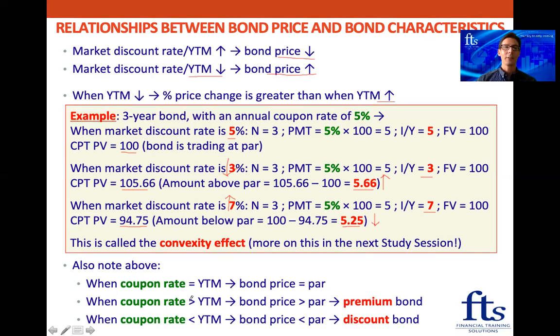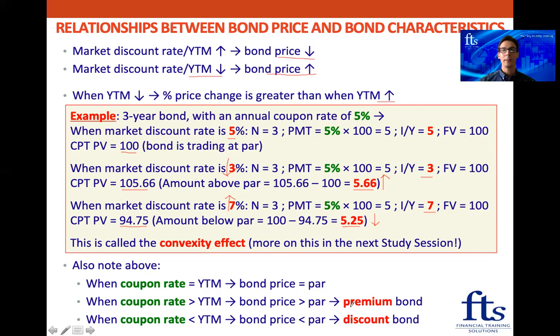Excellent. So this is why I put the coupons here in green. Here we've got the coupon rate in green. In the first scenario, the coupon rate was the same as the yield to maturity, which is in red. So there we can see the bond is at par. And then what happens if the coupon rate here, 5, is greater than the yield to maturity of 3, the market discount rate of 3?